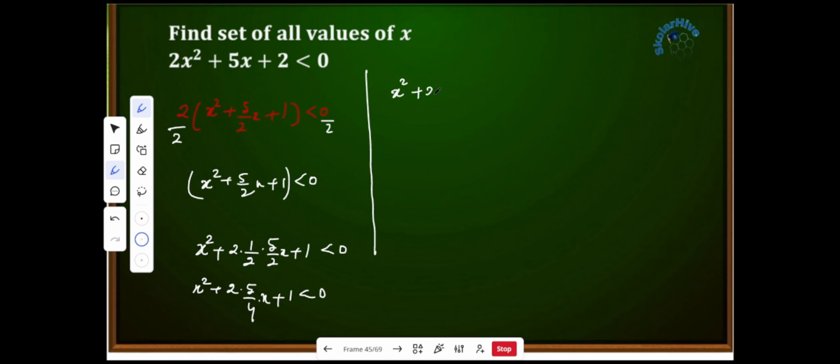By doing that, we'll get 2 times 5 by 4 x plus 5 by 4 square, and then minus 5 by 4 whole square plus 1 less than 0.